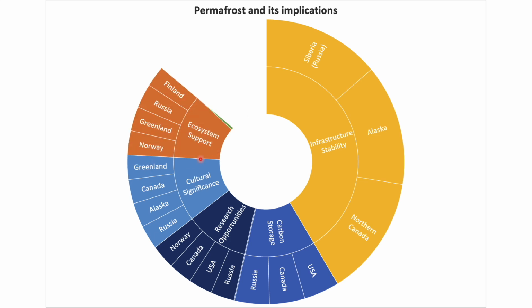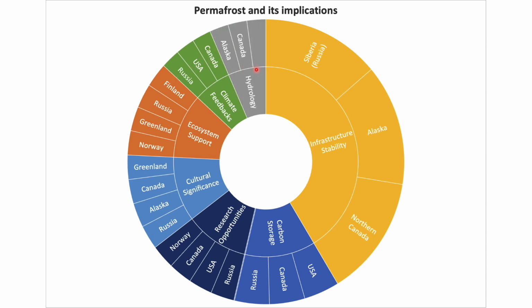And the ecosystems that are affected include the countries of Finland, Russia, Greenland and Norway. And the climate feedback is of course mainly in the northern area, Canada, USA and Russia. And finally, the hydrology: in the case of Canada and Alaska, the permafrost affects it completely.